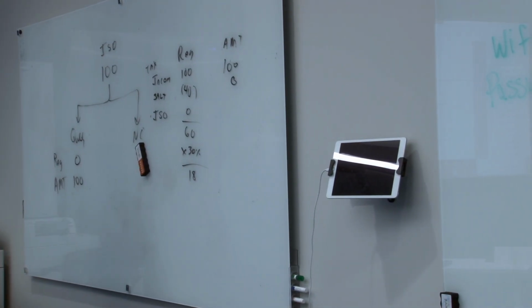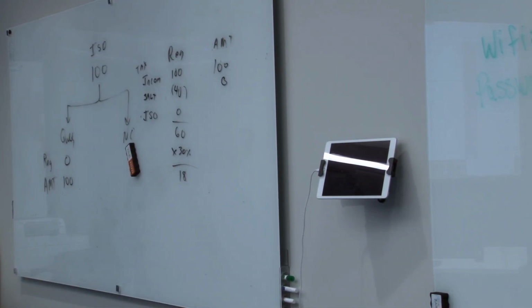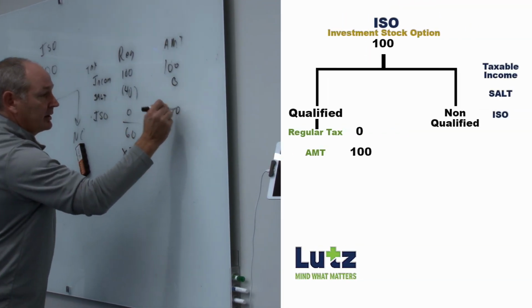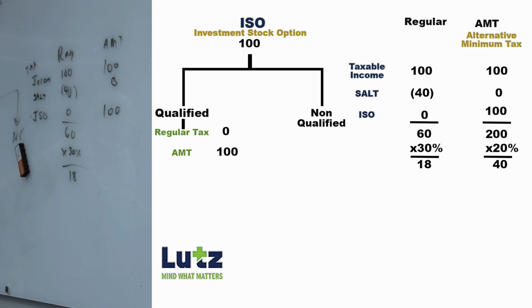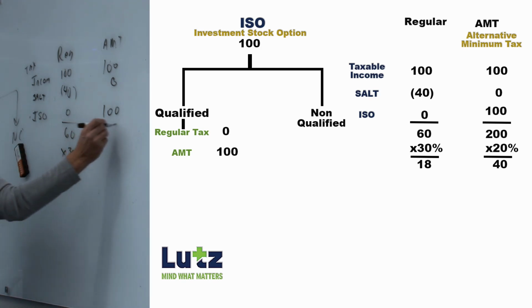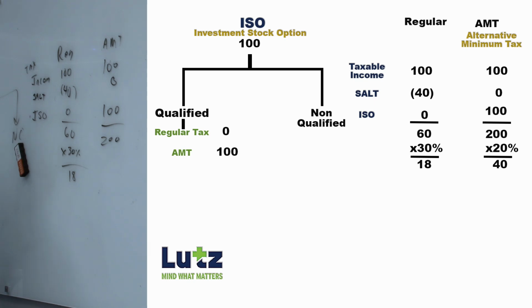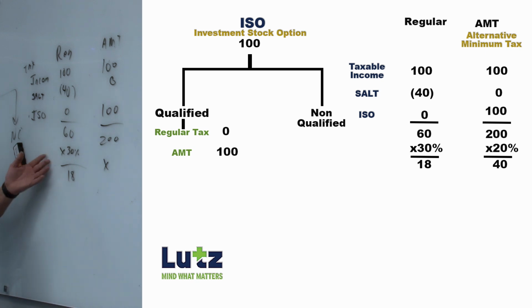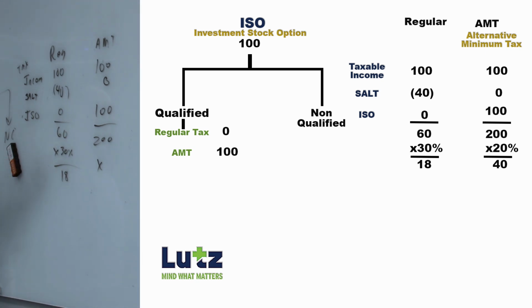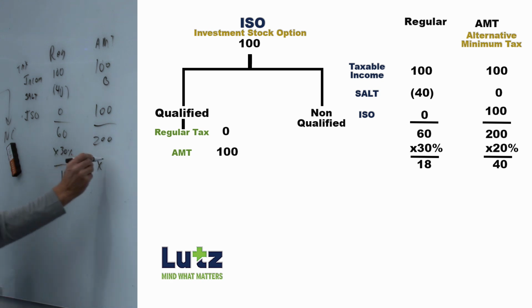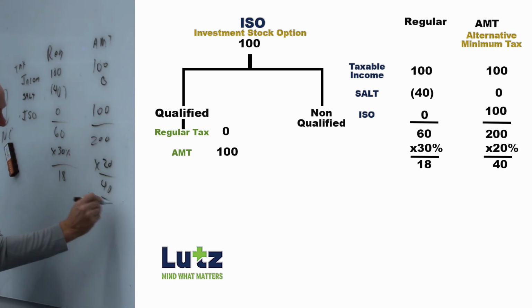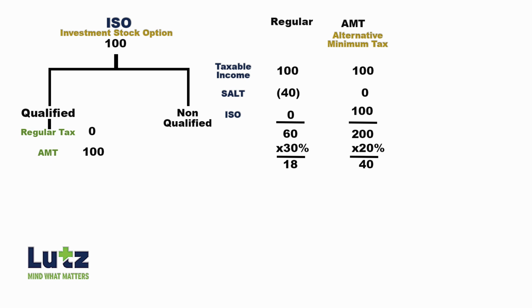I have $100 of income. I get 0 deduction for state and local. And then I have $100 of income because of my ISO, which gives me $200 of AMT taxable income. AMT comes in at a lesser rate, they use a different rate system of 20%, so $40. Under the AMT calculation system, there's $40 of tax.